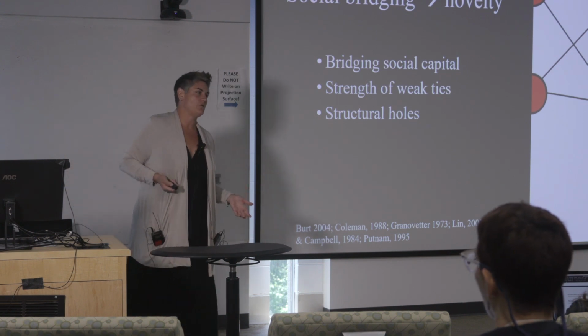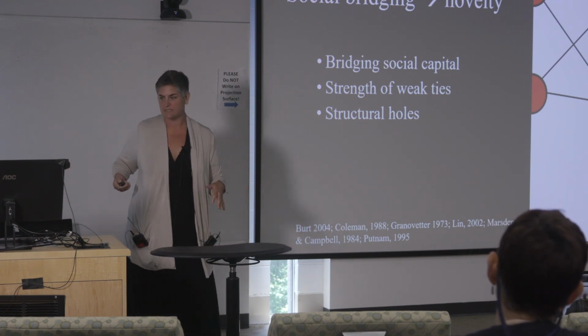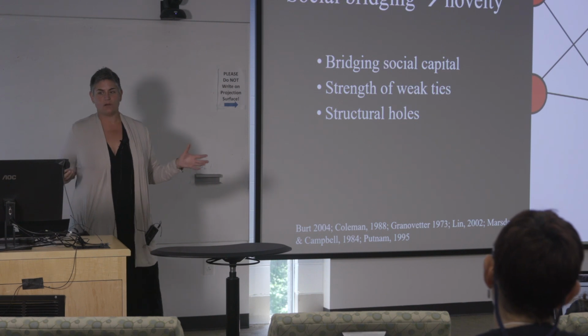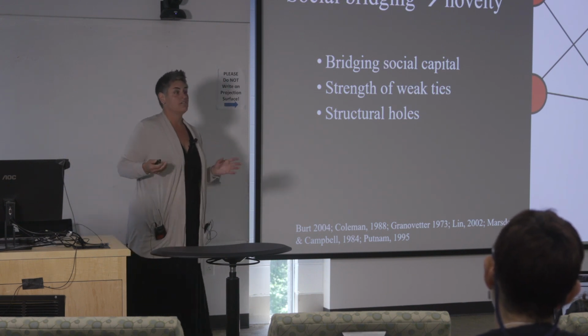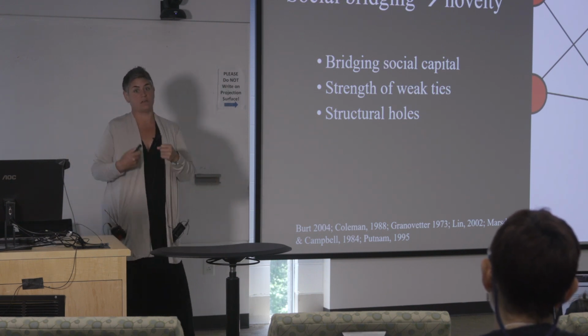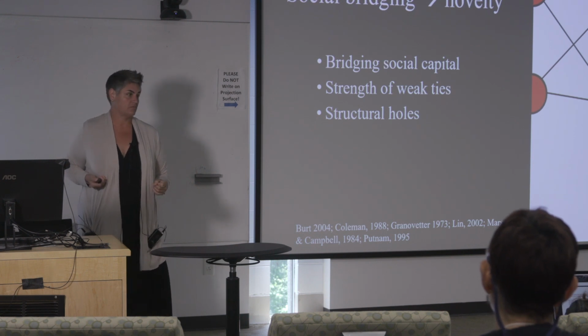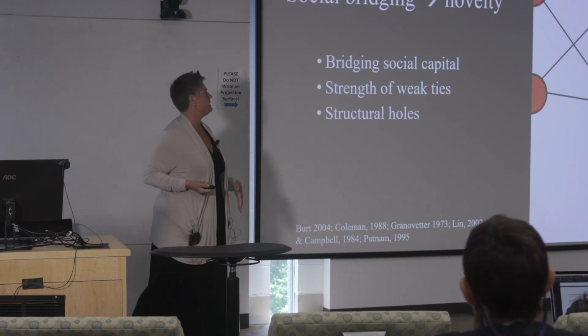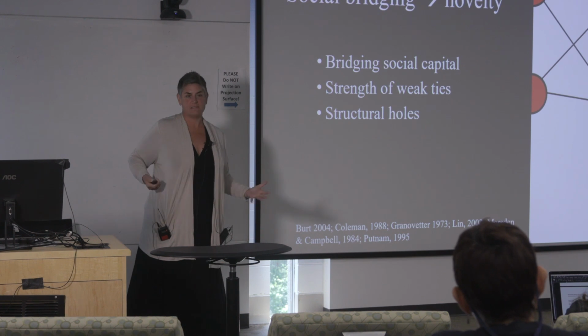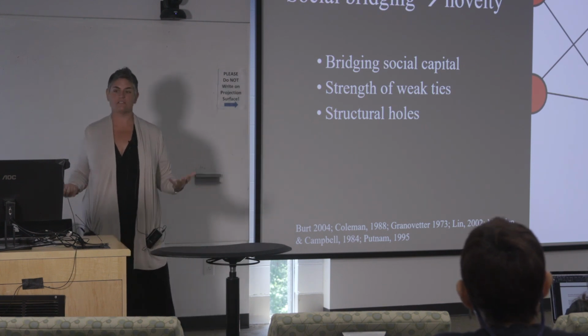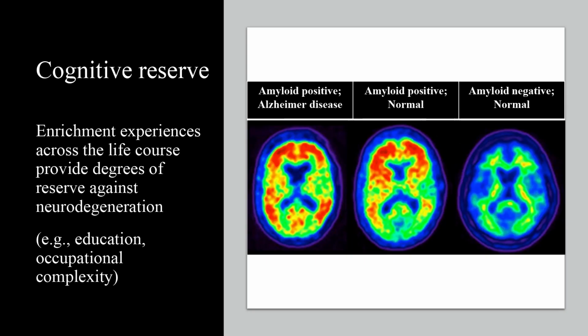Burt's structural holes in the management business context. It's the idea that we're getting something new from ties who are not all connected to each other. Something about being in a network that's bridging-esque, or having access to these bridging ties, brings new things. And this is a really nice fit for one of the theories of cognitive resilience in ADRD.